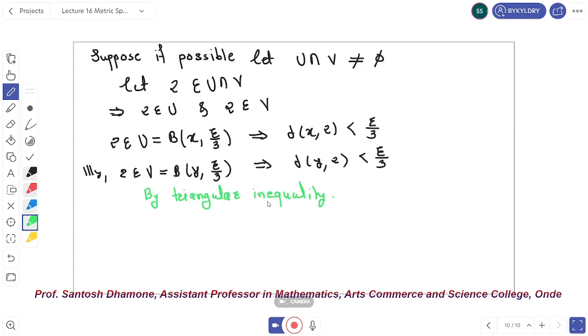This implies that 3r is less than 2r, so 3 is less than 2. But this is not possible. It is impossible, because 3 is greater than 2, which is a contradiction.